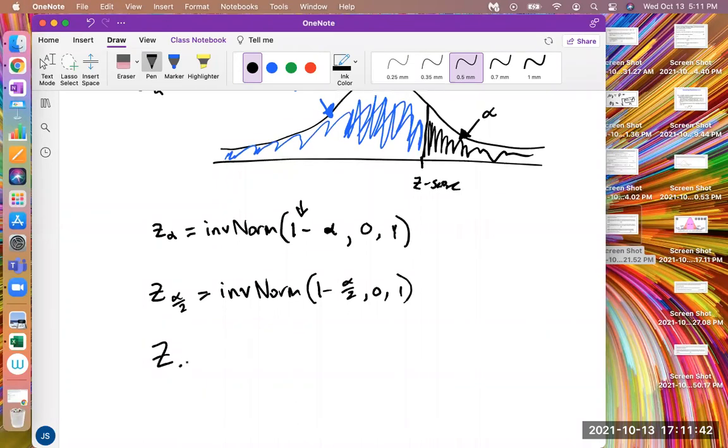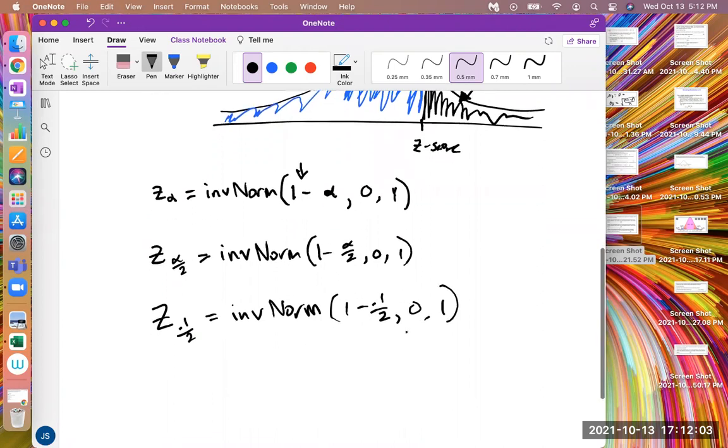So 0.1 over 2. It's going to be the inverse norm of 1 minus 0.1 over 2. I probably have to divide that before I plug it in, but let's see how our calculator does it.